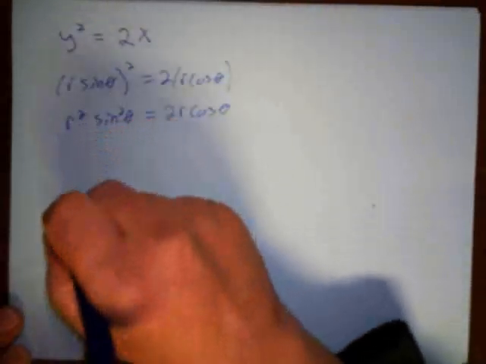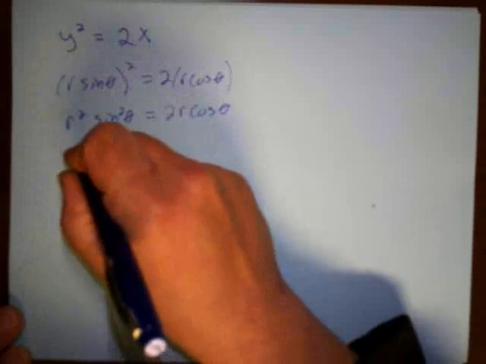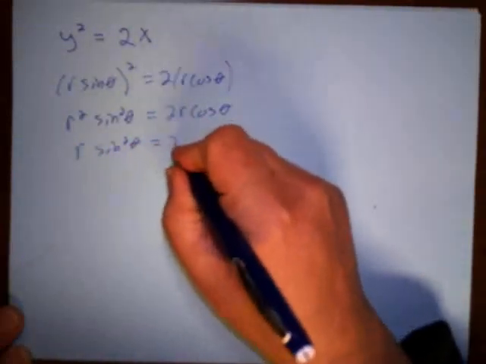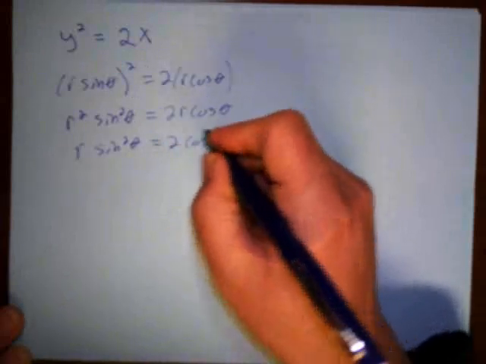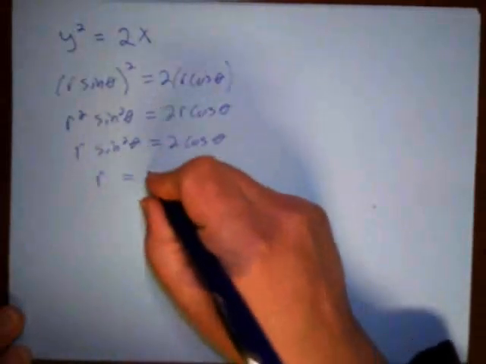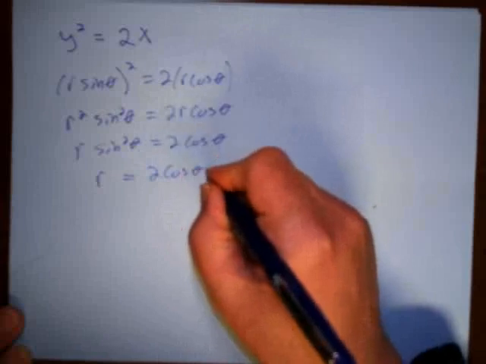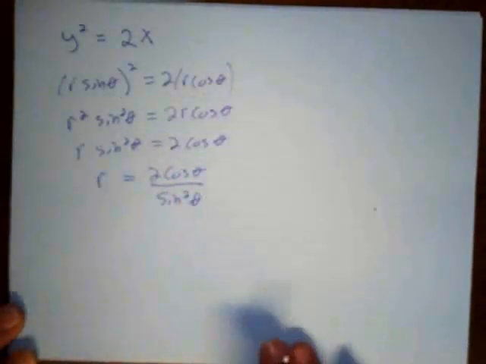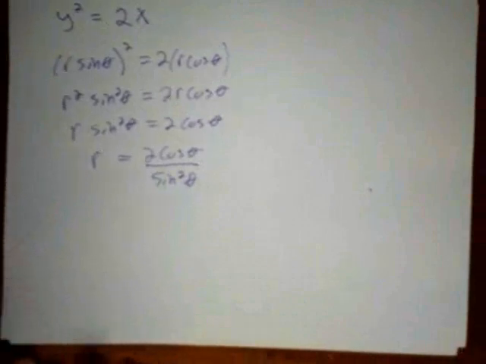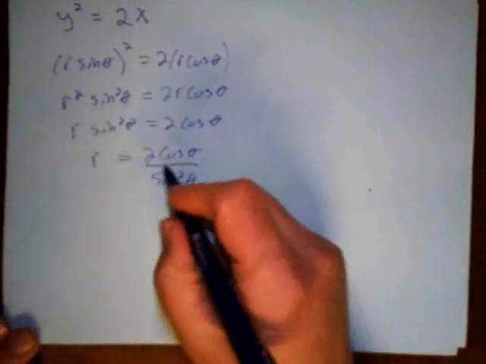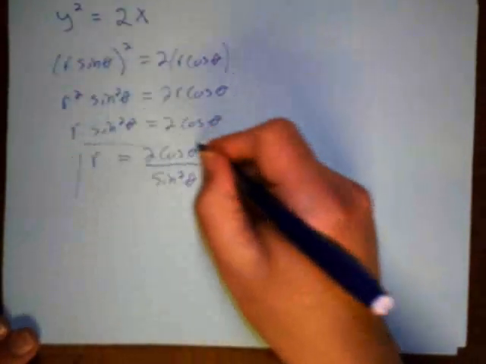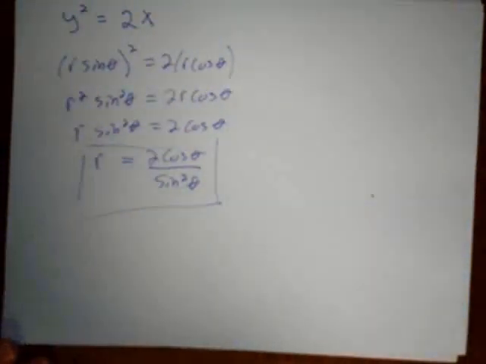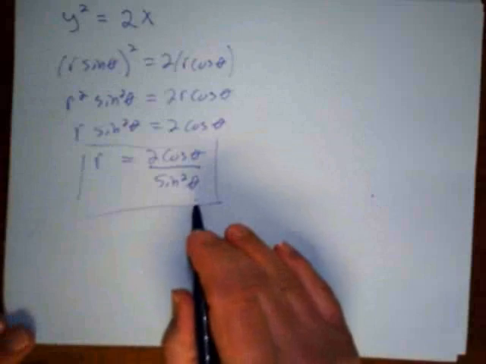I'm going to divide both sides by r, and then I get r sine squared theta is equal to 2 cosine theta, and then r is equal to 2 cosine theta over sine squared theta. And so you would get this equation here, and that should give you a parabola on its side is what it's going to end up being.